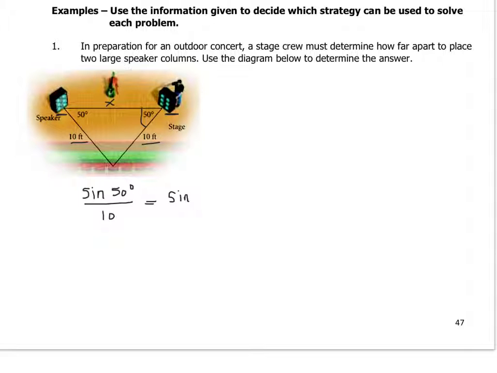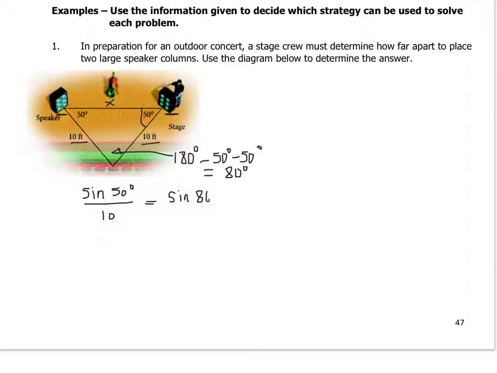We don't have that angle, but we can easily figure it out because we know that the 3 angles of a triangle add up to 180. So if we know 2 of them are 50, and we take 180 and take off the 2 50-degree angles, we will end up with 80 degrees for the last angle there.